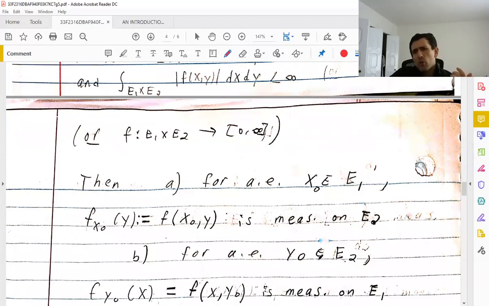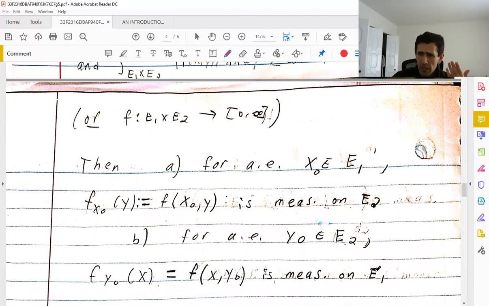Same thing holds for fixed y0. And the best you can do is almost every. You can't do every. So for almost every y0, this function here is measurable on E1.